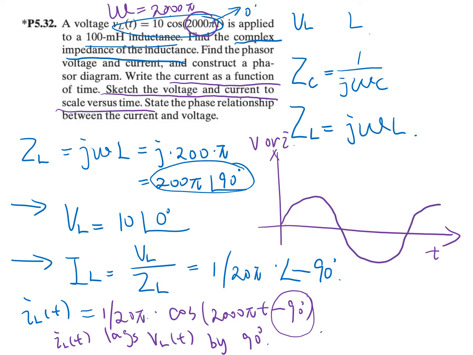It should start early, so it should be here. 90 degrees is pi over 2, so it should start here and end here. This one is the voltage. This one is the current.